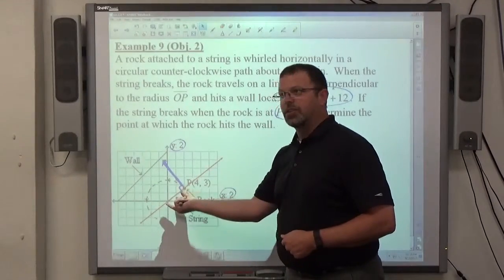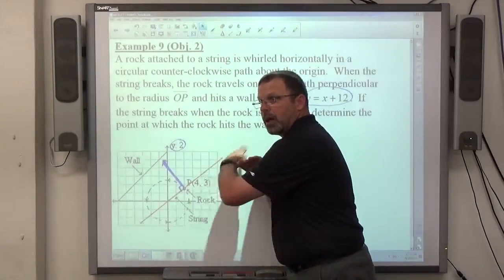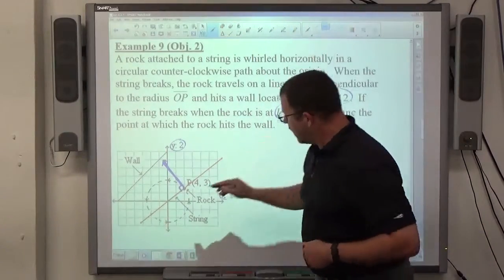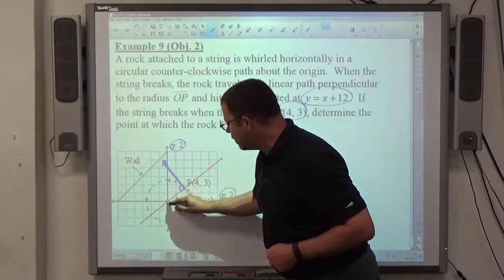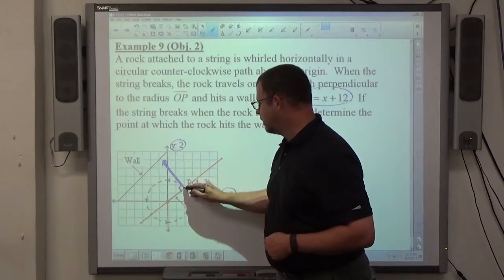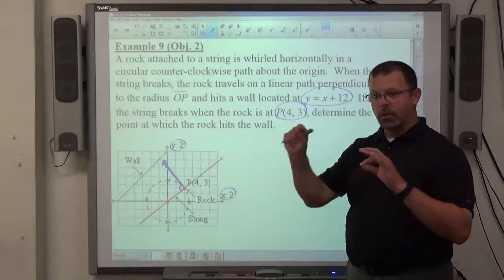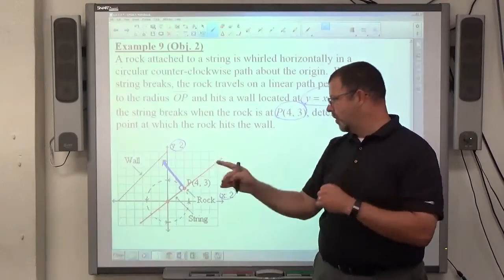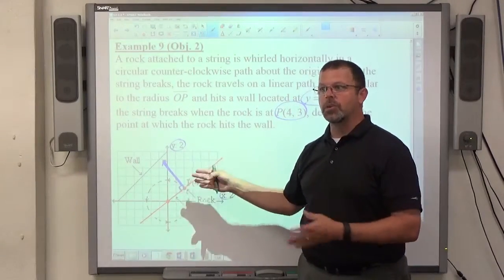The string obviously is a segment, not a line, but we can superimpose a line over where the string would be. Looking at that line, obviously the origin is on that line. Also the point they gave me, 4, 3, is on that line. I can find other points if I wanted to, but the origin for sure, because that's where we're swirling this string around, so it's connected to 0, 0. It broke at 4, 3, so 4, 3 is also on that line.